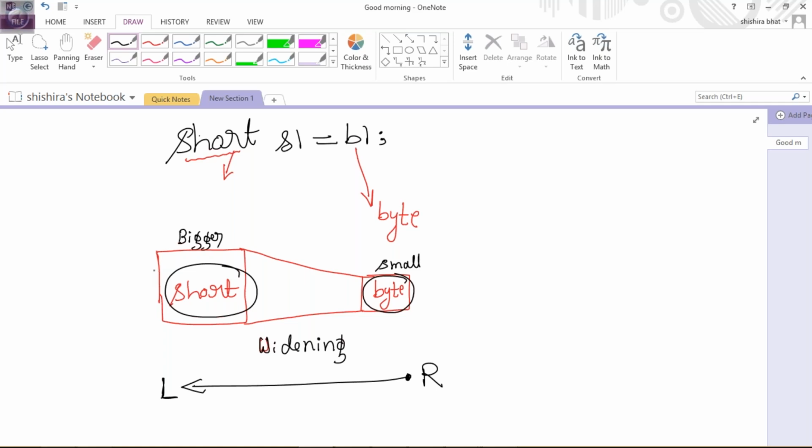So this concept is called widening. You can ask me questions only related to this example, nothing other. Don't bring me some long double gibberish. In the chat box, you can ask me the question. It is a very simple question, simple concept.